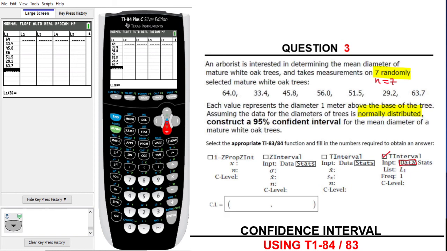So that is our 7 data. Let's double check and make sure that we have all the information.